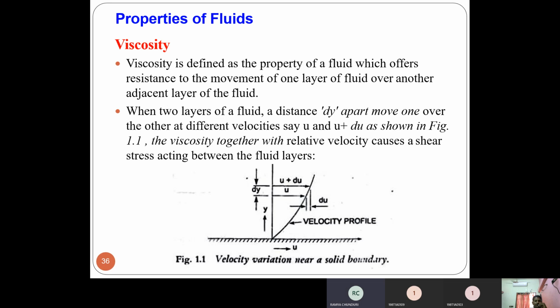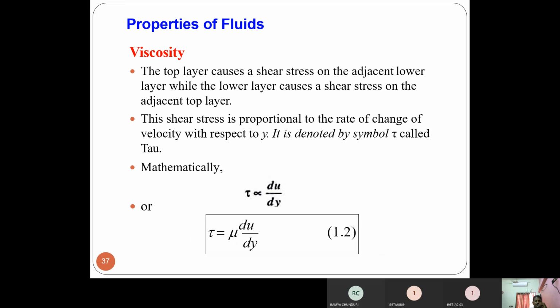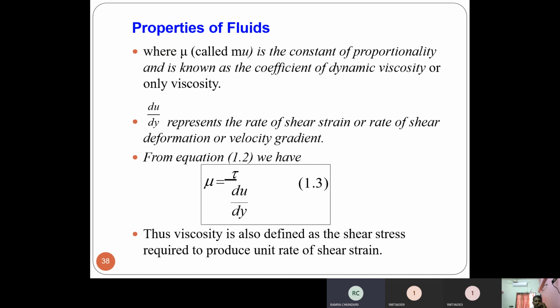If we remove the proportional relationship by introducing one proportionality constant, called mu, tau is equal to mu into du by dy. From that expression, by cross multiplication, we can write the expression for mu is equal to tau by du by dy, that means shear stress by shear strain.